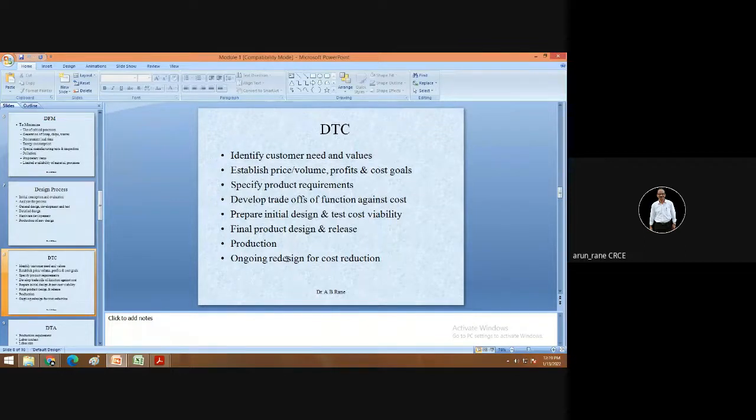So customer जो needs है that has to be satisfied. And then you have to establish a proper price, and the price should be such that you should earn the profit also. So there has to be a trade-off between function and cost.